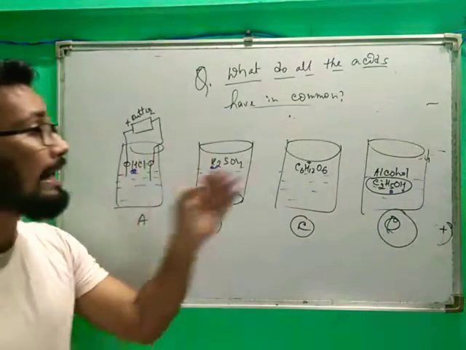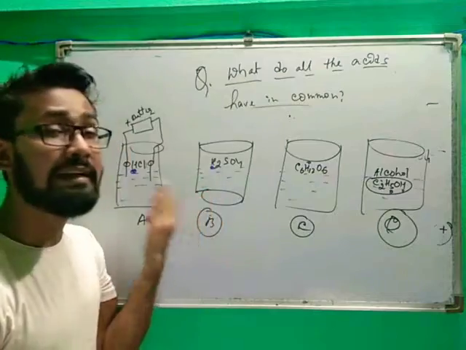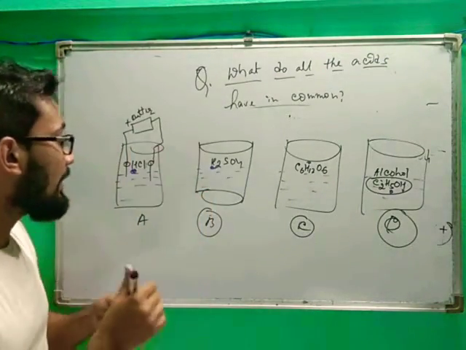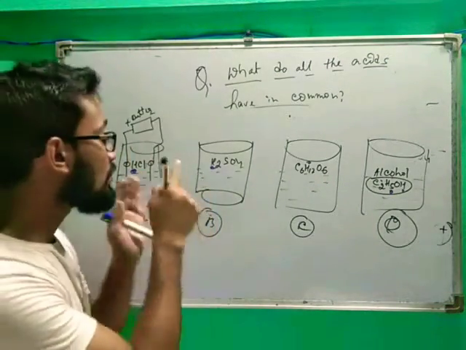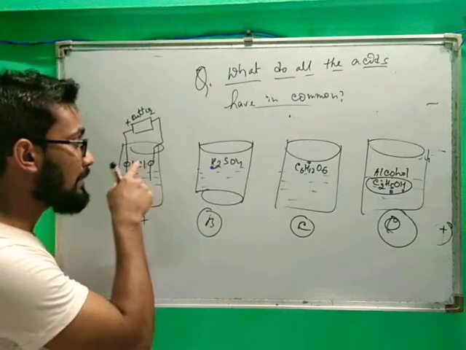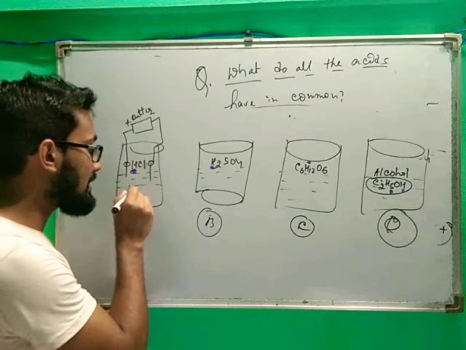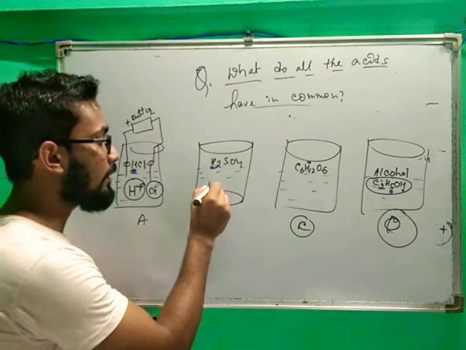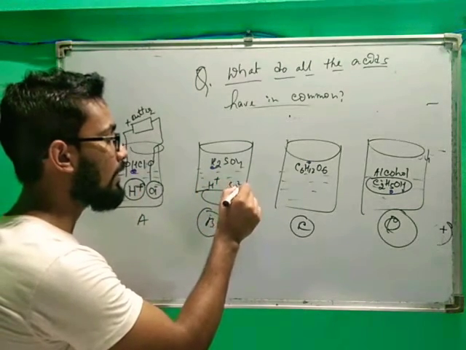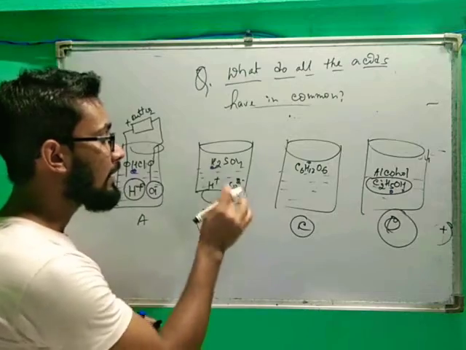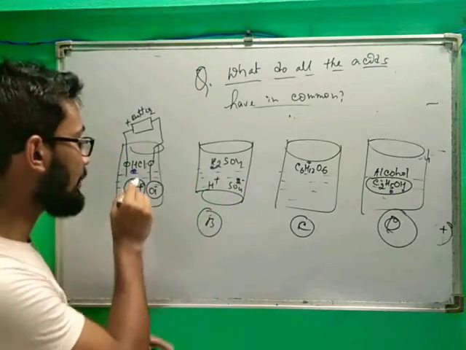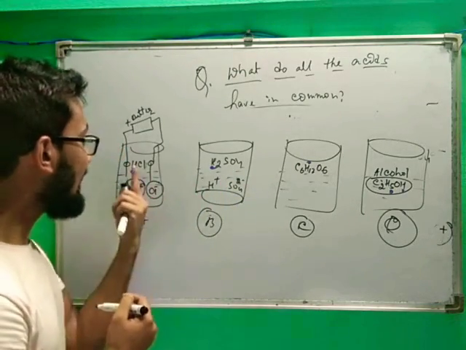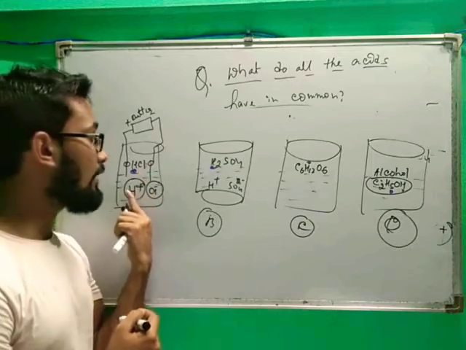And the question comes, why are these two not conducting, and these two conducting electricity? Now the answer is very simple. This is HCl. After mixing with water, it will produce H plus and Cl minus. This will produce H plus and SO4 2 minus. As they are producing ions, they are breaking down, liberating hydrogen ion.